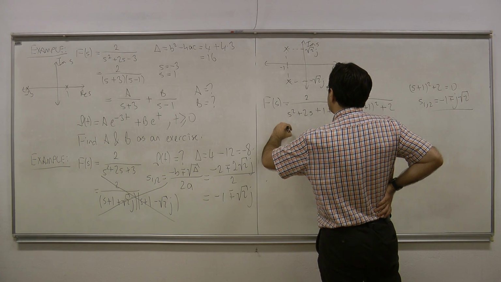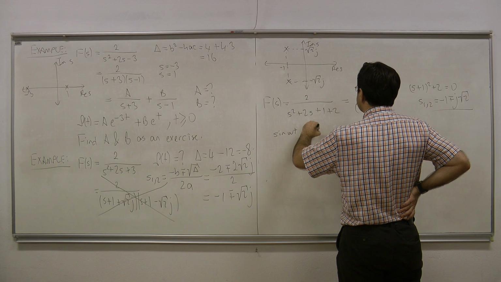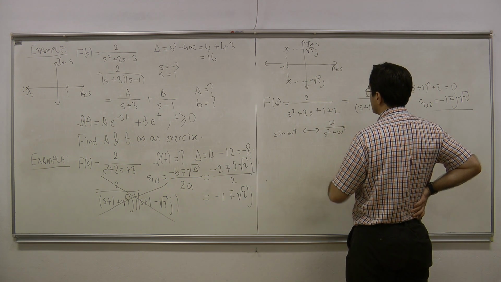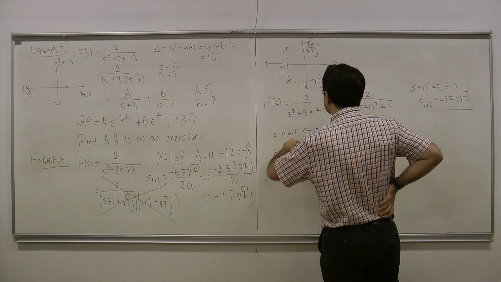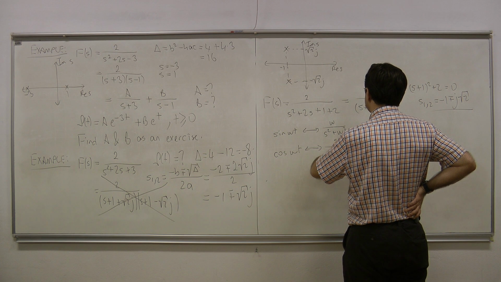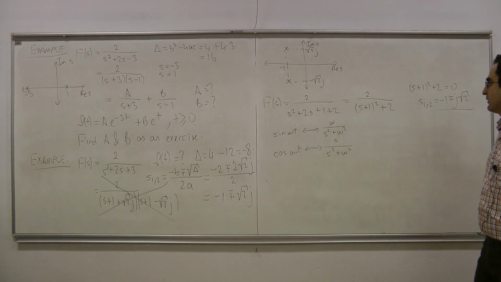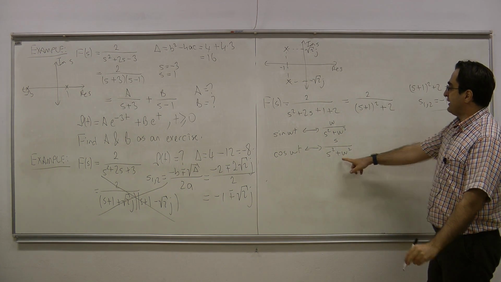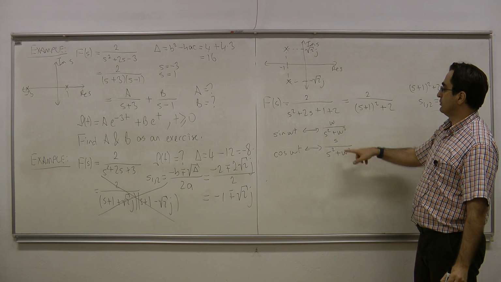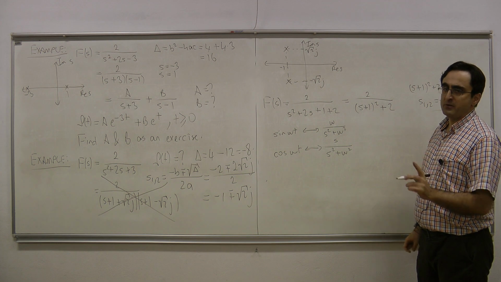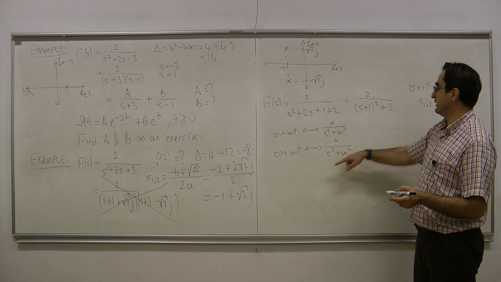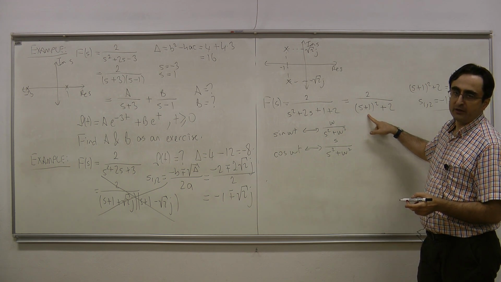Remember, sine omega t had the Laplace transformation omega over s squared plus omega squared, and cosine omega t had the Laplace transformation s over s squared plus omega squared. So here you see the similarity of the denominators of this one to these two. There is some similarity, but they are not exactly the same. So instead of s here, I have s plus 1 here.